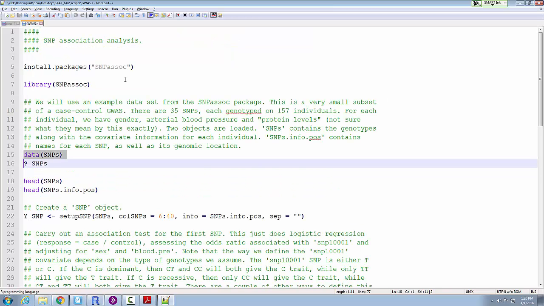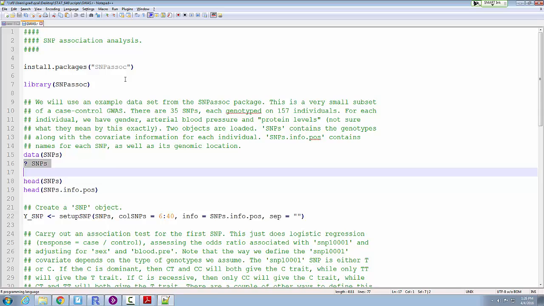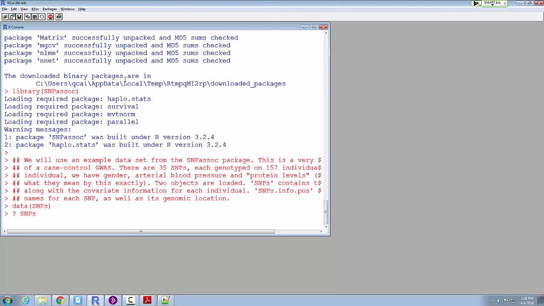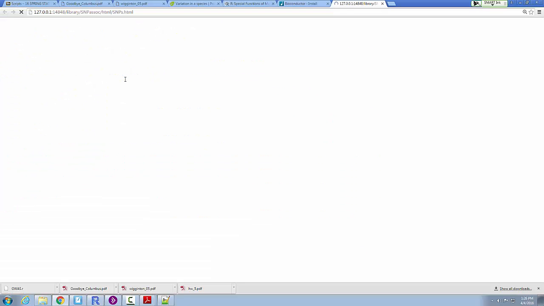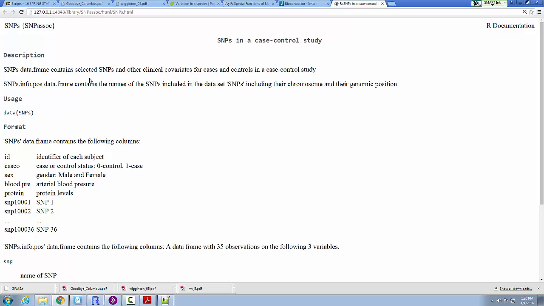That right there, data(SNPs). SNPs is a data set that came from the package. So when we say data SNPs, it loads that data set for us. Let's look at what documentation we have. Selected SNPs from a case control study.